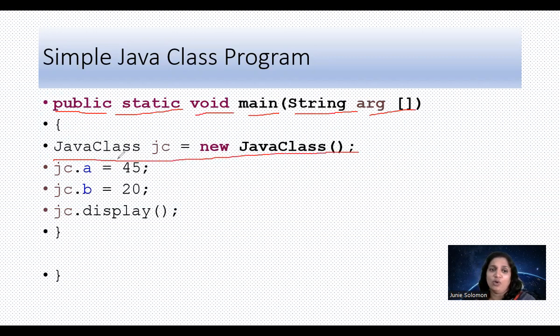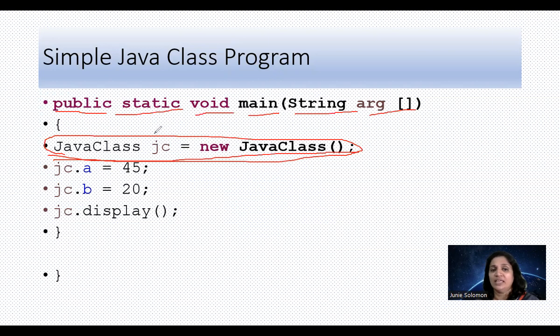You have to say what the class name is: Java class. Give any variable name, is equal to new, which is the one that creates the object, and then Java class with brackets and a semicolon.